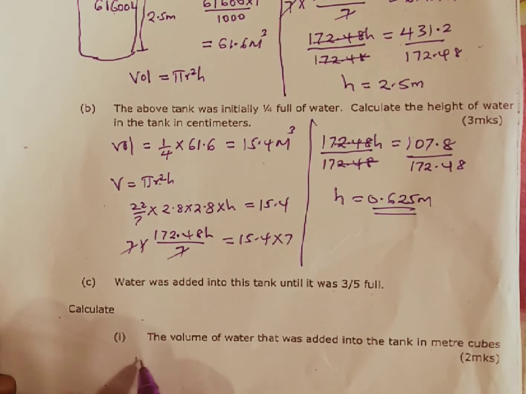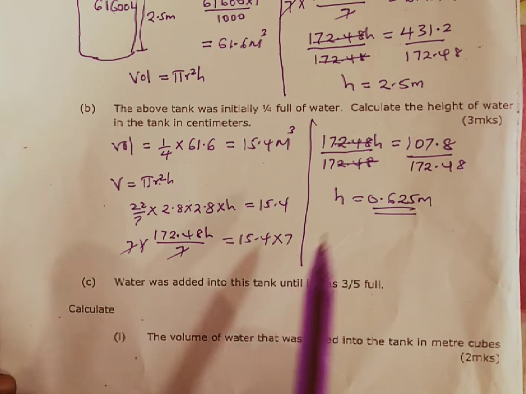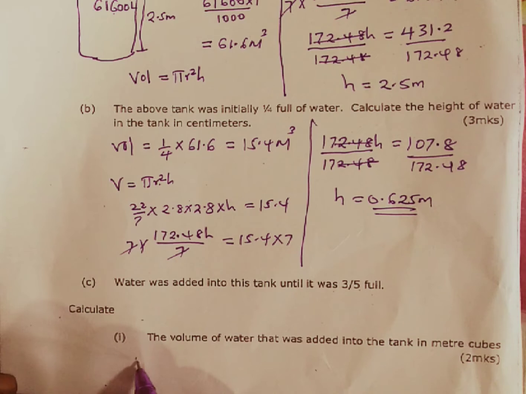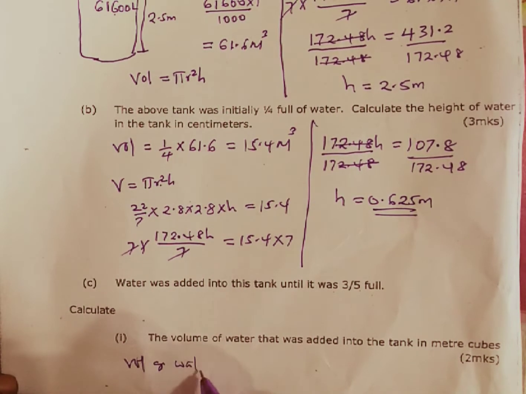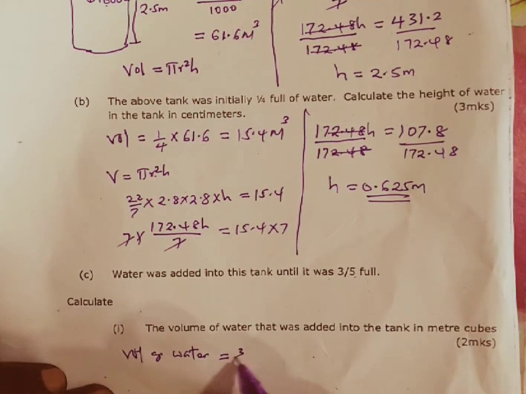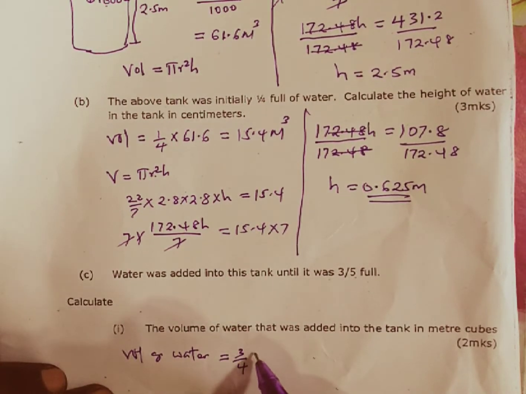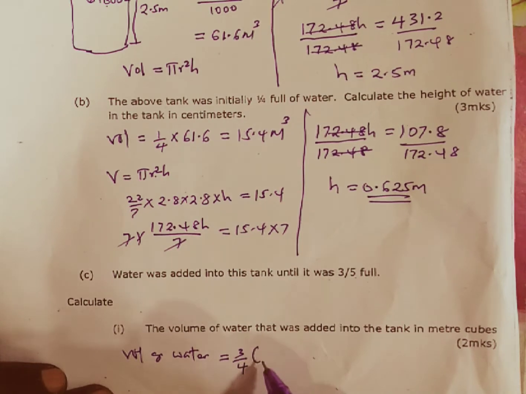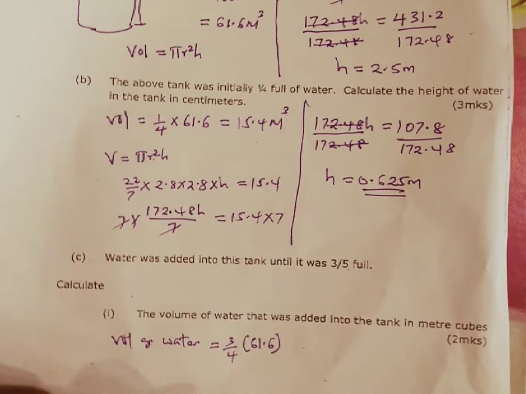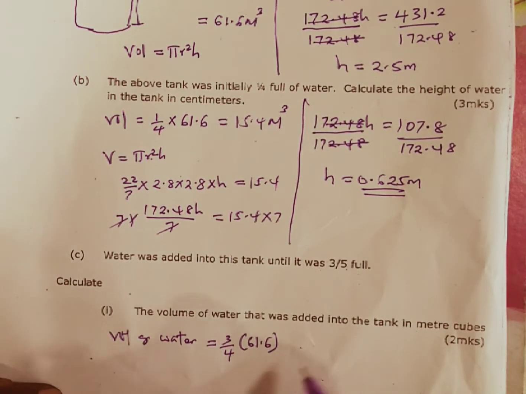We know that the tank is now 3/4 full, meaning the volume of water that was added will be equal to 3/4 of the tank, which is 61.6 meter cubic. This is the new total volume.